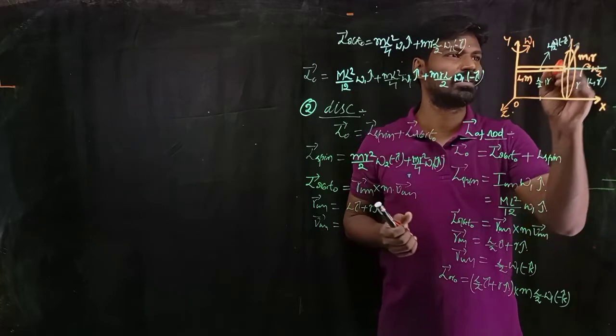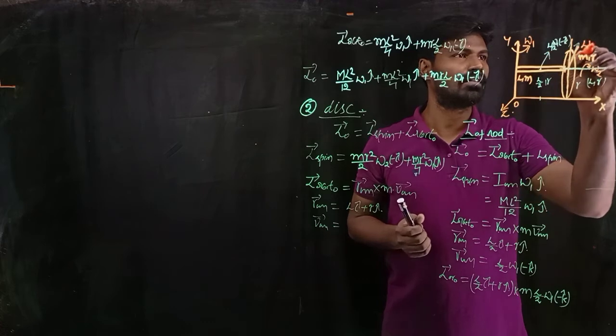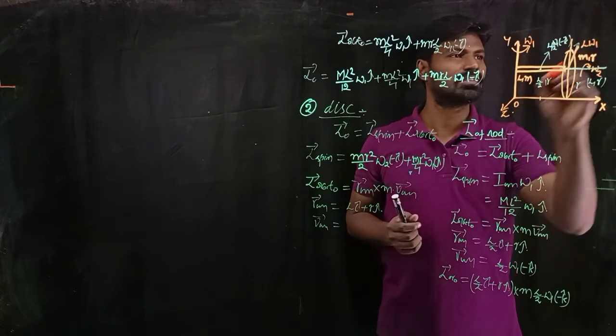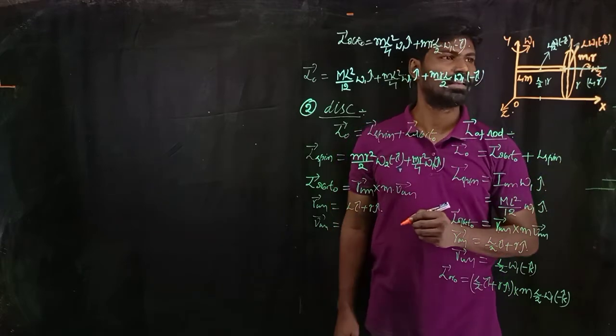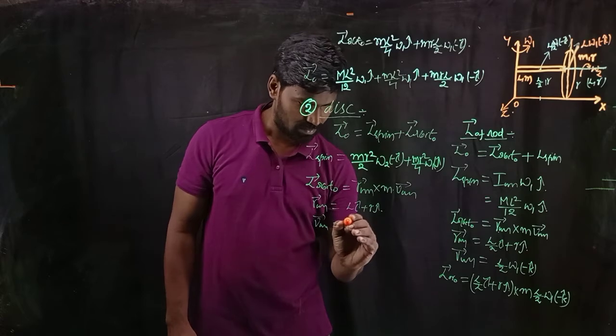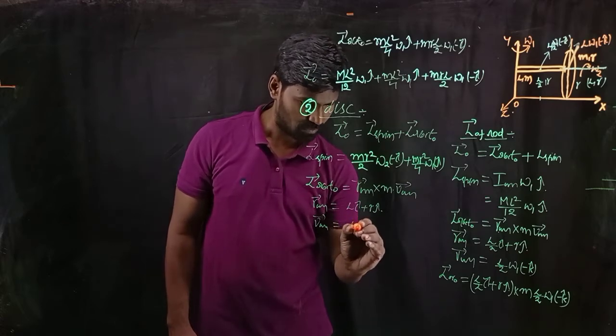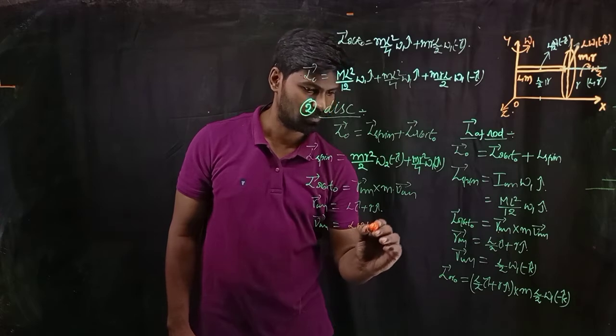The distance from here to here is L, into omega 1, which is pointing in the minus k cap direction. That I am writing here: L into omega 1, pointing in negative k cap direction.